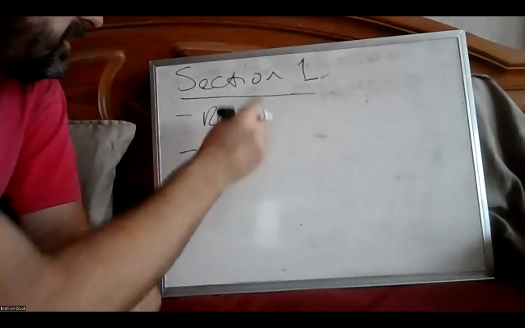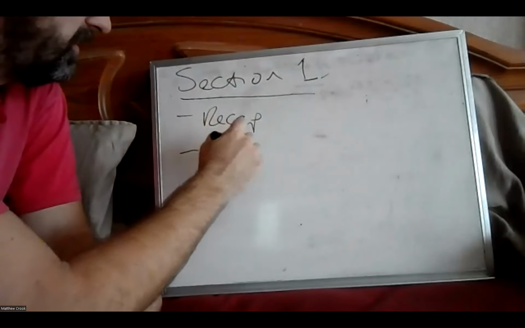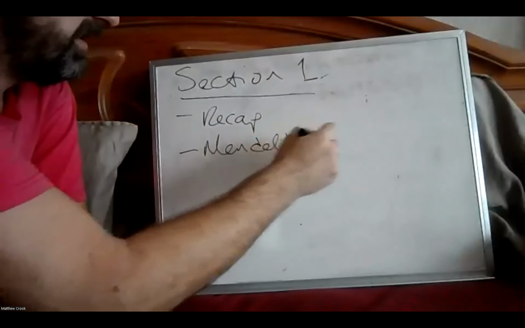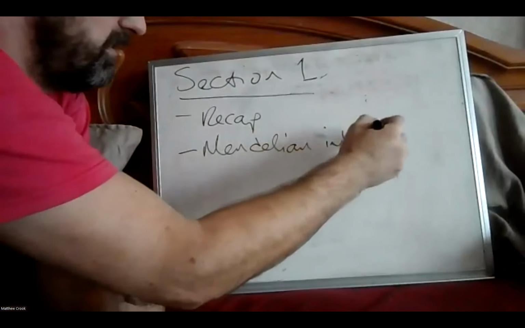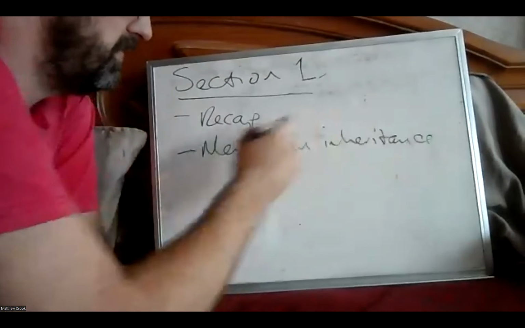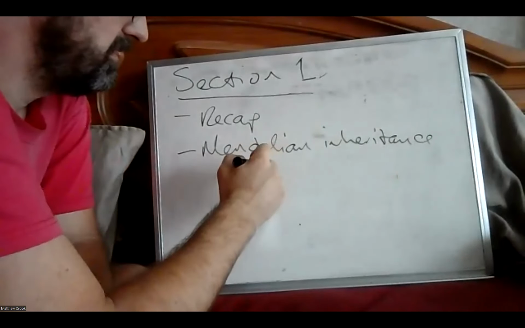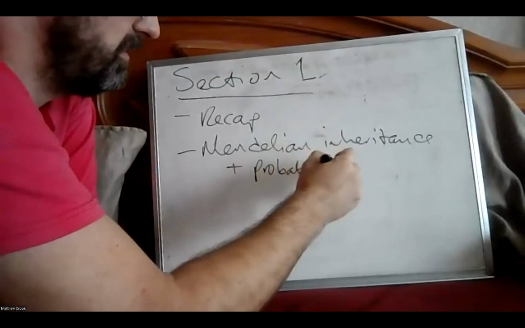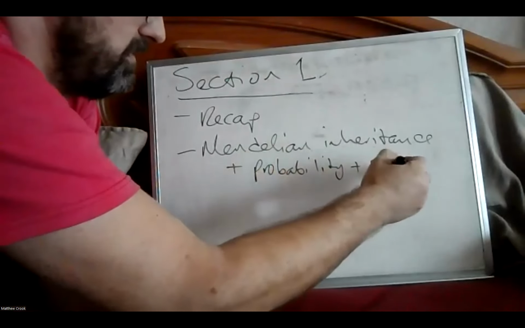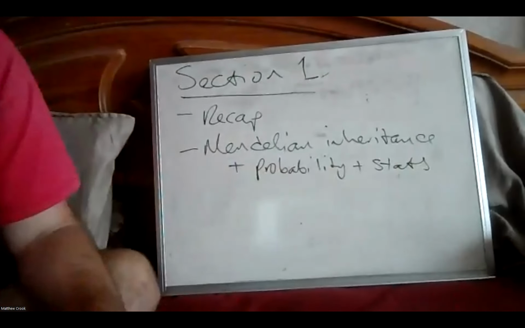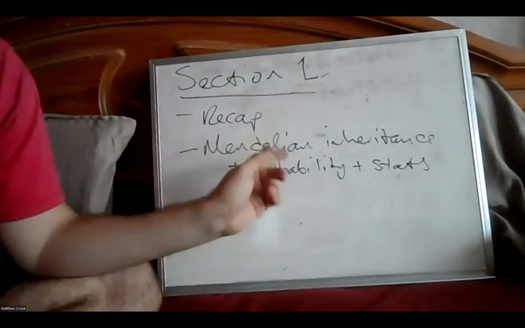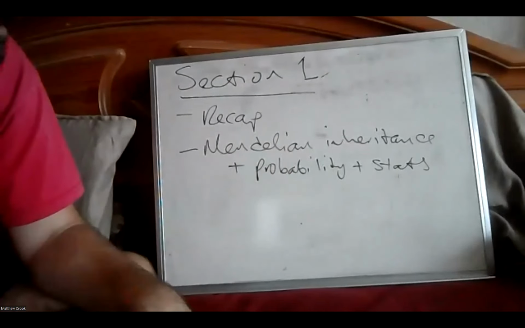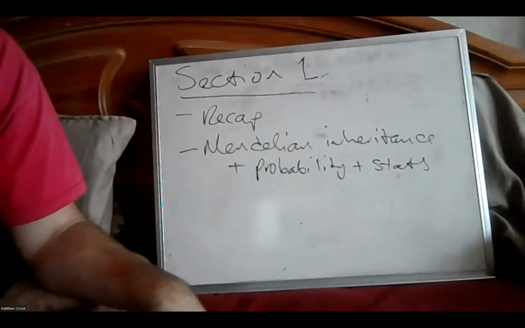What's next? Then we have Mendelian inheritance and math, so basically probability and some stats. Not a huge amount, but whatever's useful for understanding Mendelian inheritance.